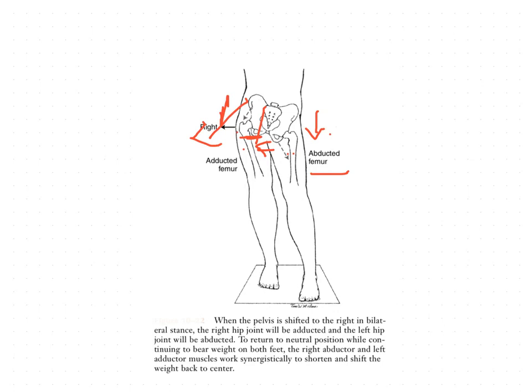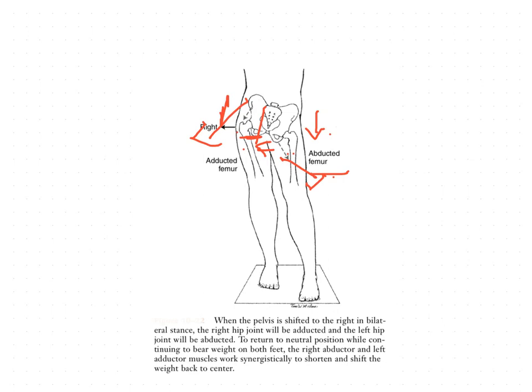Okay, and also simultaneous contraction of the adductors on the left side makes this pelvis come into neutral position. So that means in bilateral stance, the contralateral abductors and adductors may function as synergists to control the frontal plane motion of the pelvis. Okay.